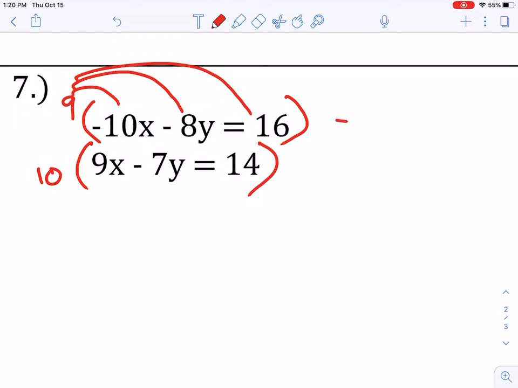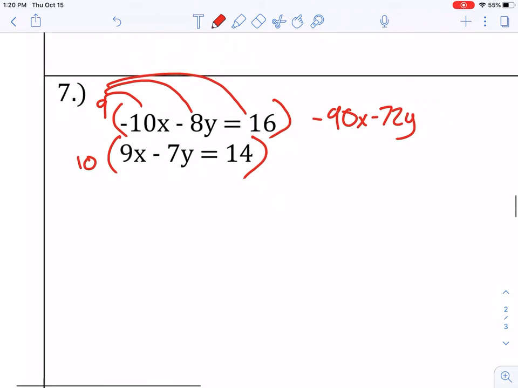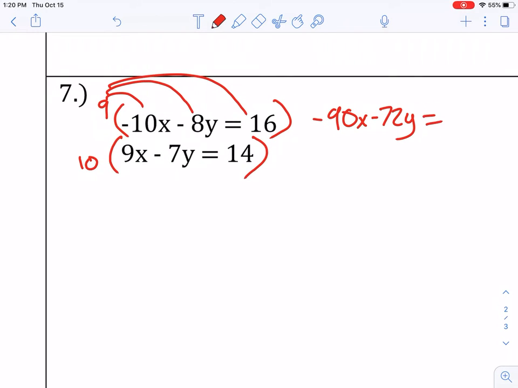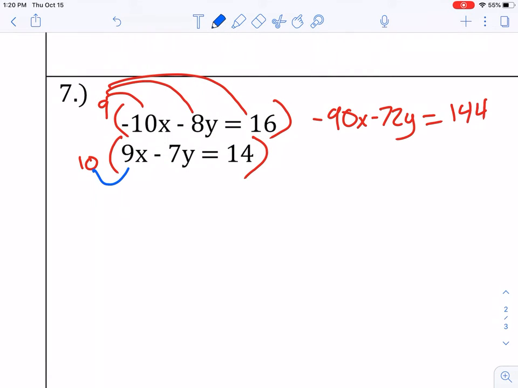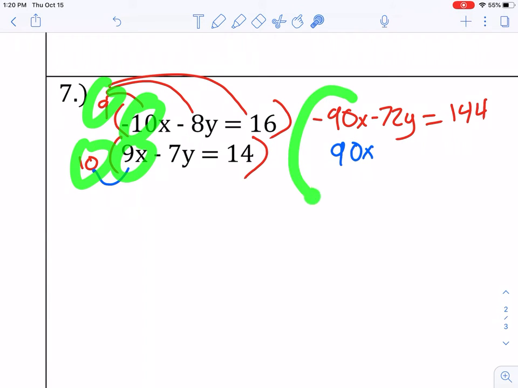So this is going to give me negative 90x minus 72y equals, I'm going to do 16 times 9 to get 144. In the bottom, which I'll do in blue, 10 times 9, positive 90. And when we use our opposites for these, this will happen every time.